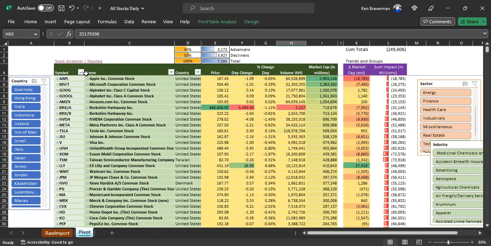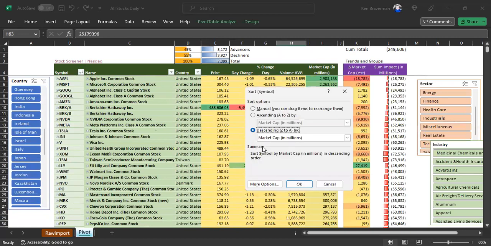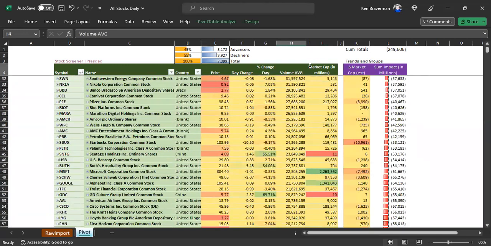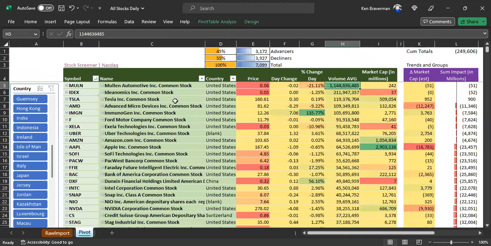We could do this by volume, but you're also going to get some weird looks on top, because there's going to be some companies that aren't worth very much that had tremendous volume, like this Mullen Automotive, that's a $242 million market cap, had a billion some shares traded today, and they're down 21%, but they only went from 8 to 6 cents basically.